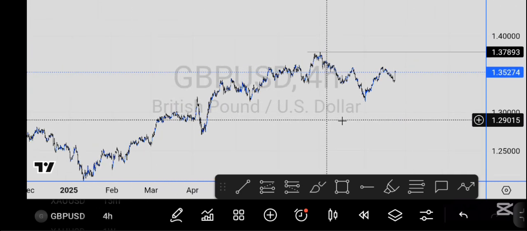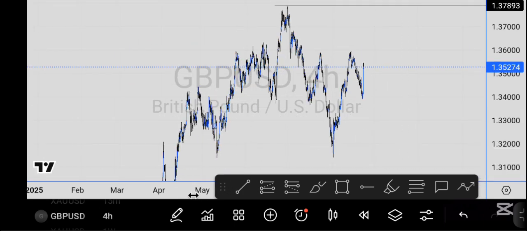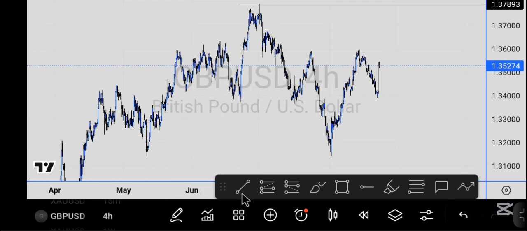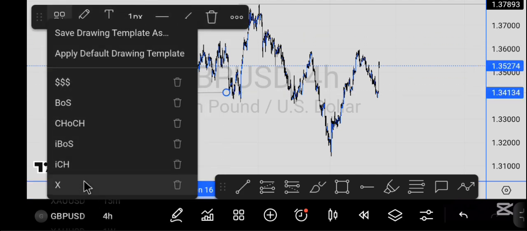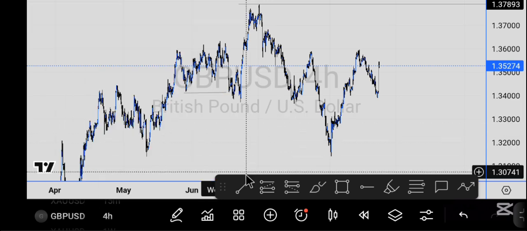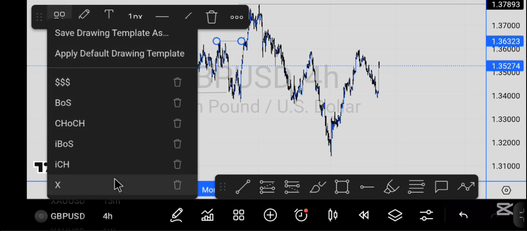So let's analyze our market and see what we have. Currently you can see here we had our inducement right here, we had our inducement right there, we had a break of structure right here, break of structure.